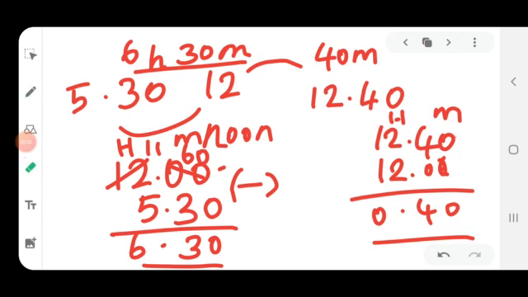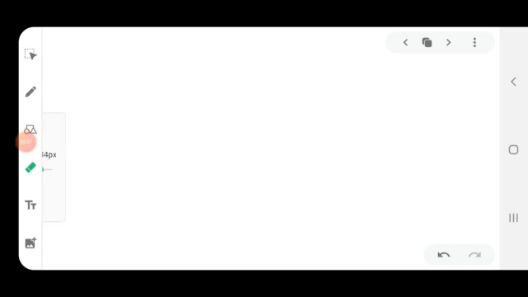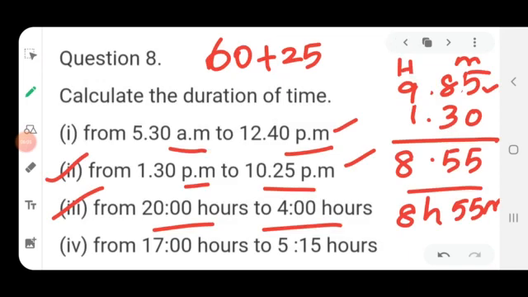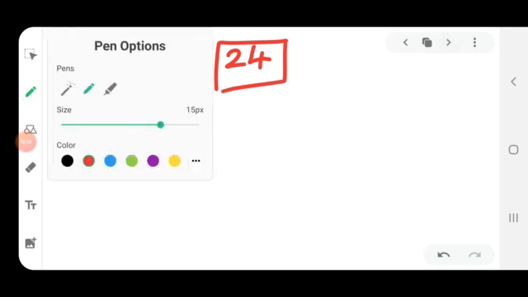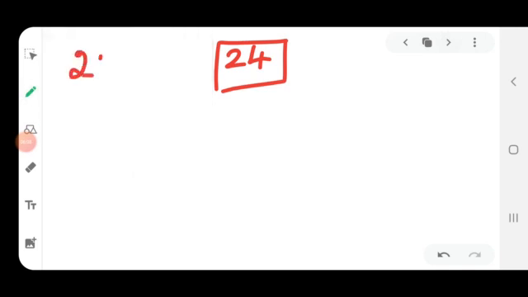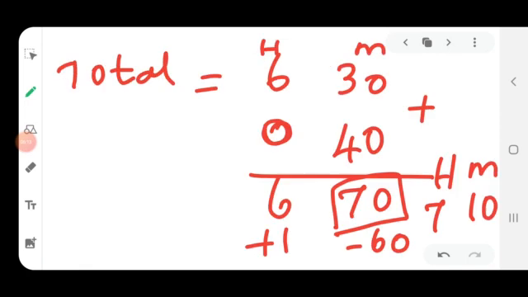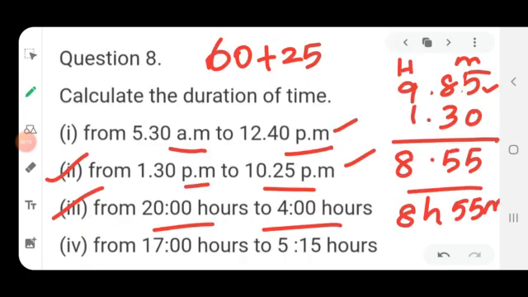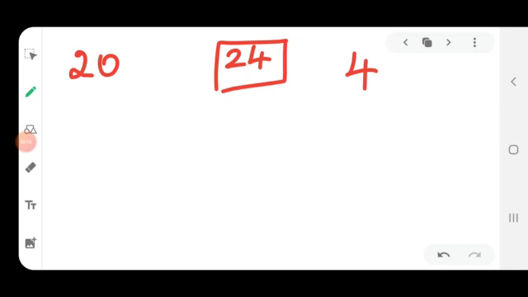The same method we take: we take 24 hours in between, and 20 hours is before 24, so 20 hours, and then after it will be 4 hours. Now we have to find the duration between 20 to 24 and then the duration between 24 to 4. Next we have to add.